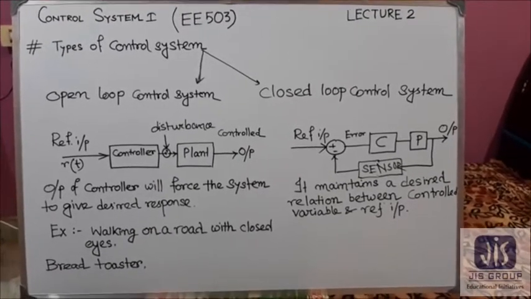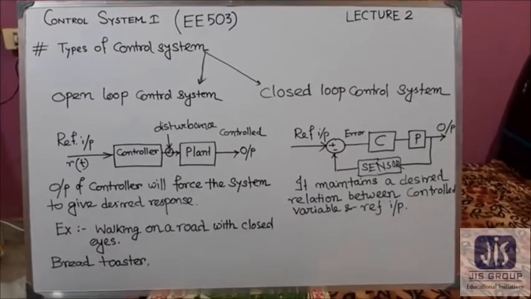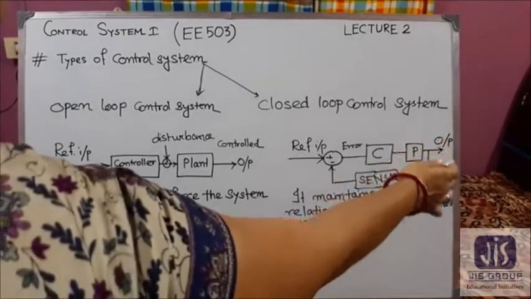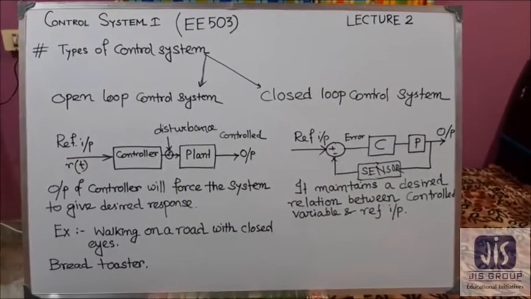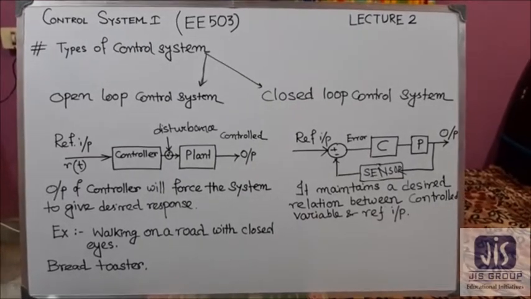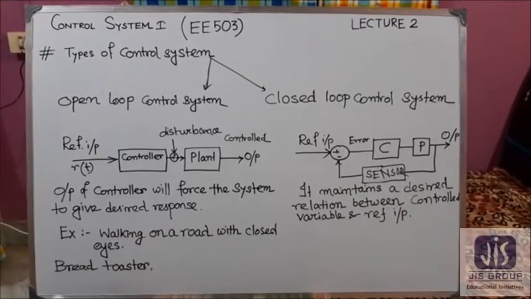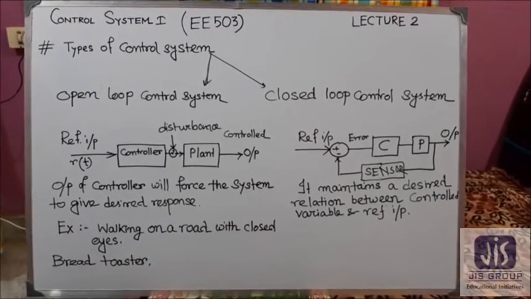This is the block diagram of the closed loop control system, in which the output response, that is the control variable, is measured and compared with the reference input, and the reference input, acting as the desired value, is given to the controller.